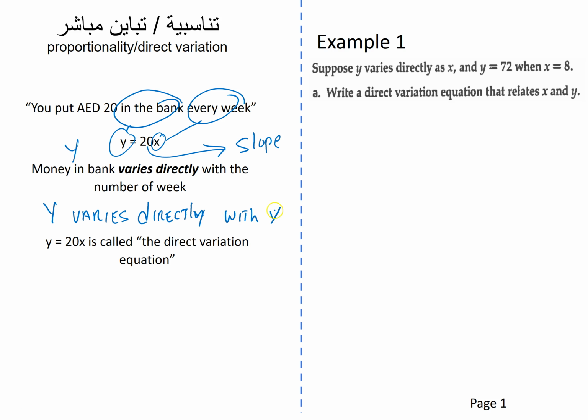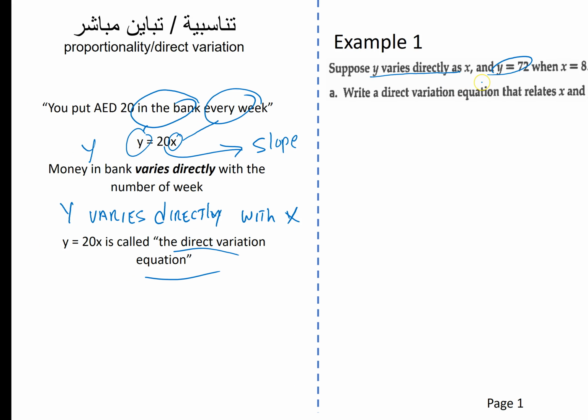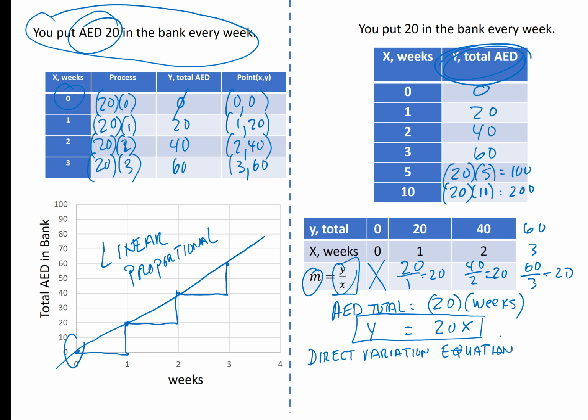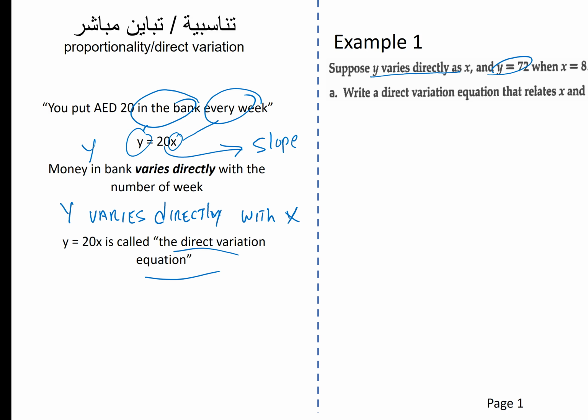Okay. All right. So let's take a problem real quickly. We have to be able to write the direct variation equation. So it says, suppose y varies directly as x, y is 72, x is 8. So if we know it varies directly, we have y, we have x, and we know our slope is y divided by x.